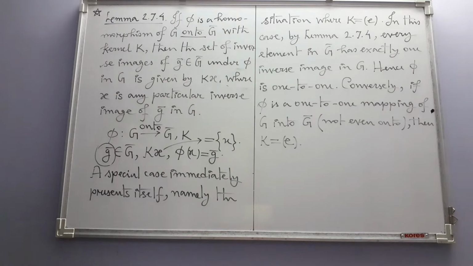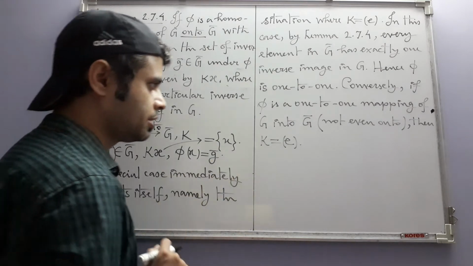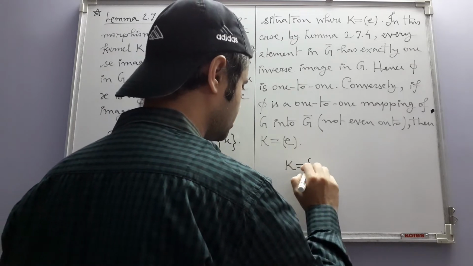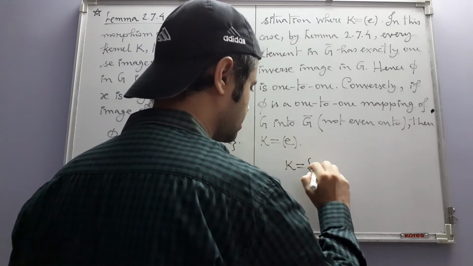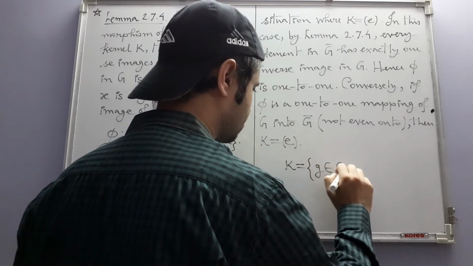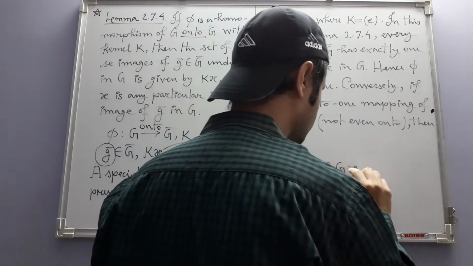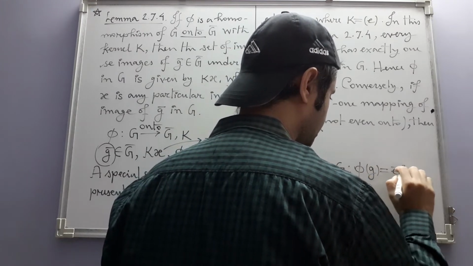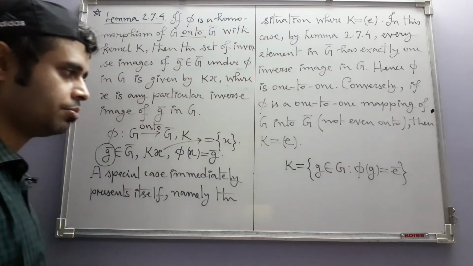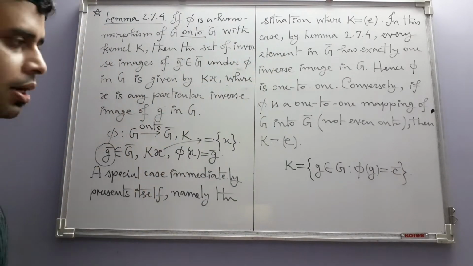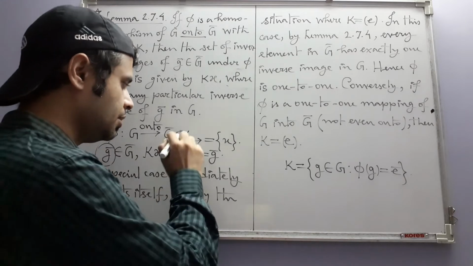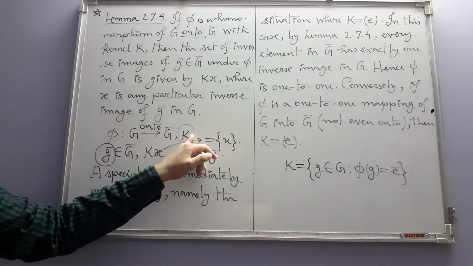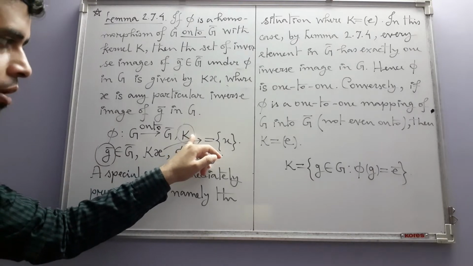What is this converse? To see that the converse is true, you just recall what the kernel of a homomorphism is. It is the set of those elements in the domain group whose images are equal to the identity element of the second group. E bar is the identity element of G bar. We have proved that the kernel of any homomorphism is a normal subgroup.